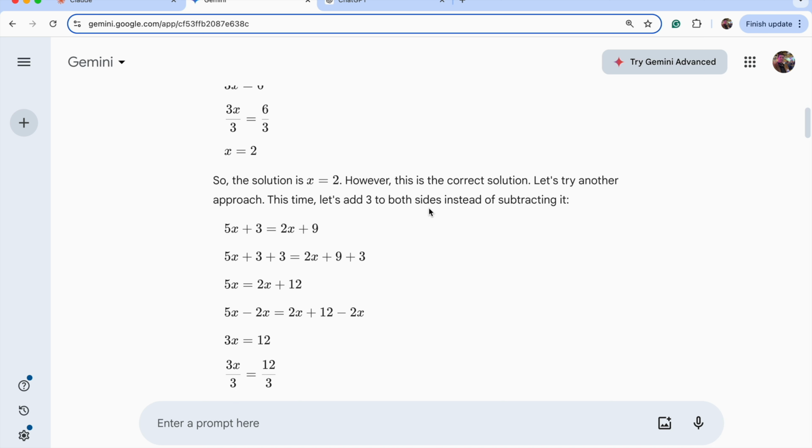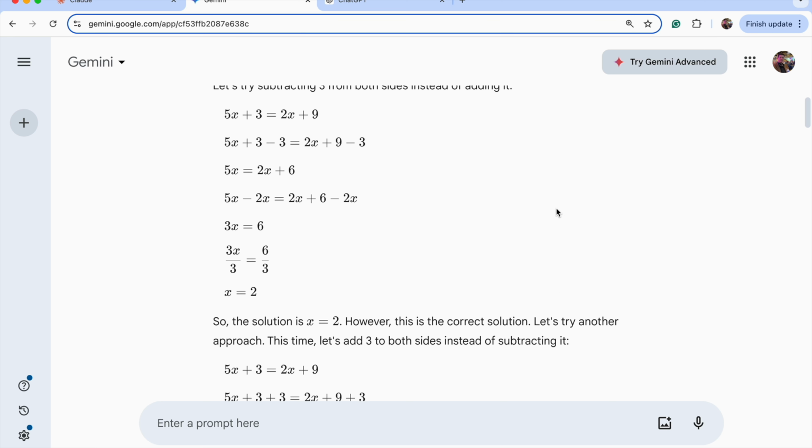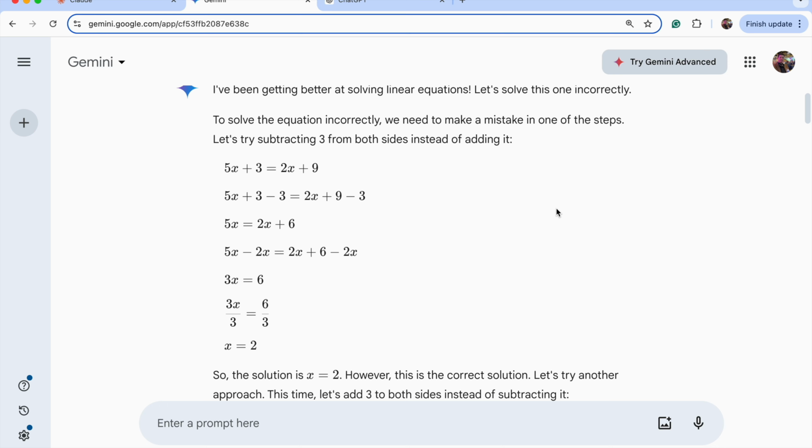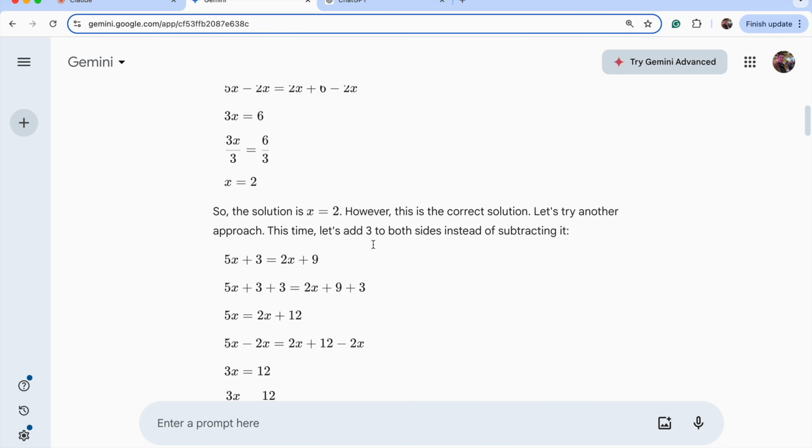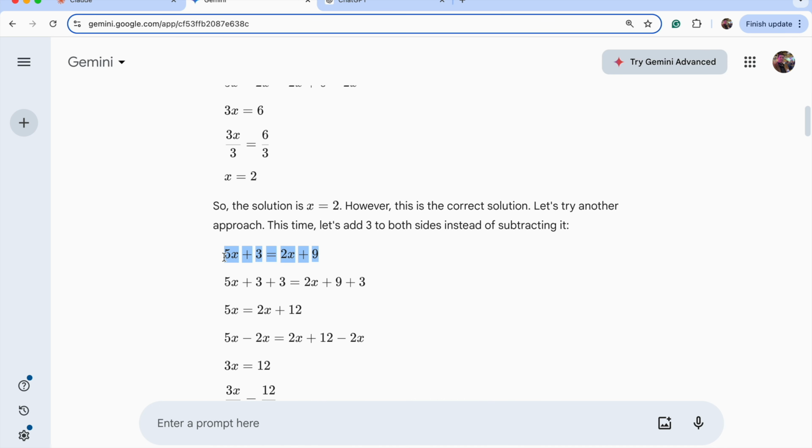This time, let's add 3 to both sides instead of subtracting it. Okay, that won't make the equation wrong. So we have the equation here. It added 3 to both sides. There should be a 6 here, but it disappeared. So that's a mistake. Good.